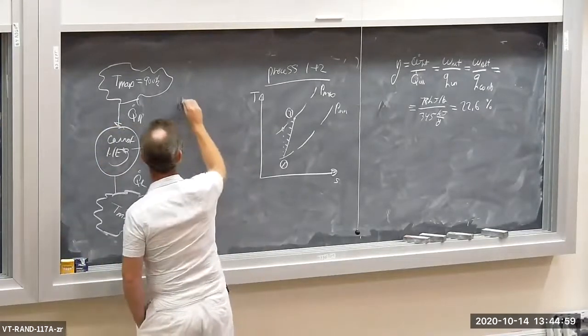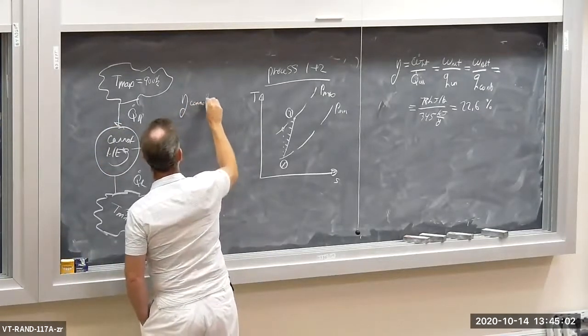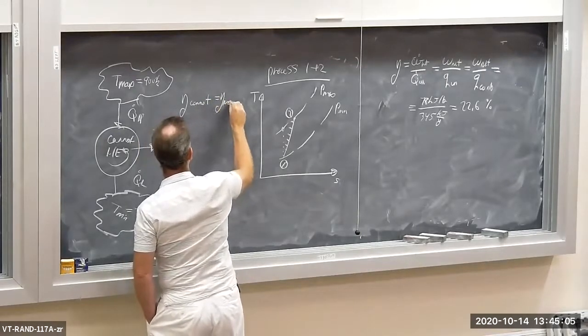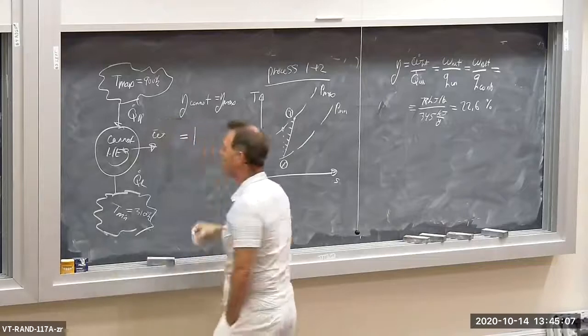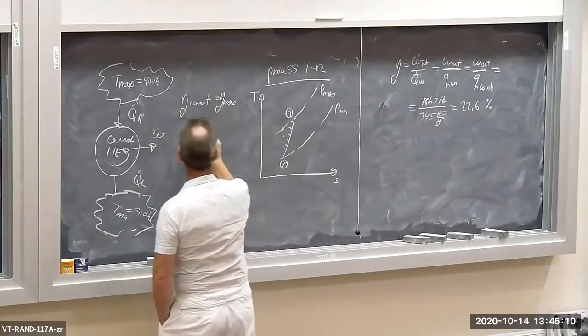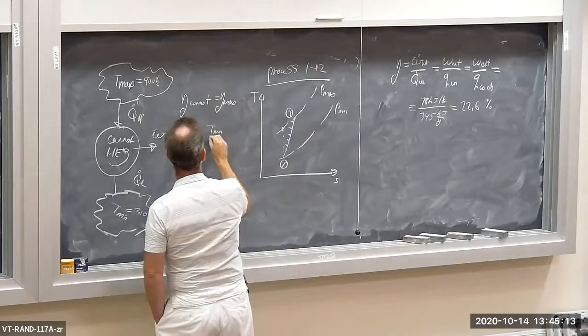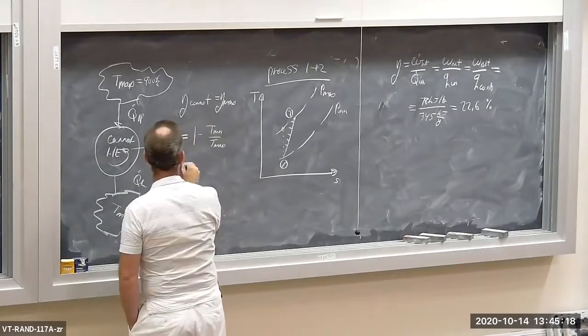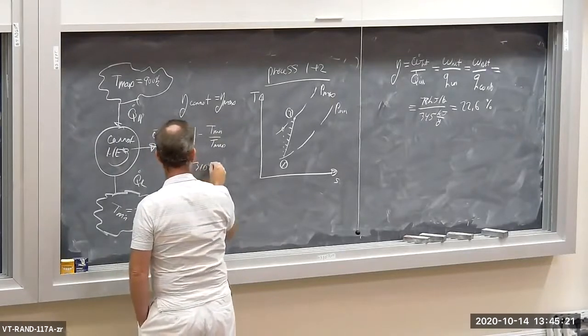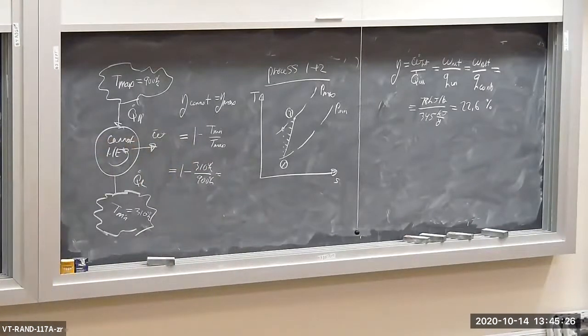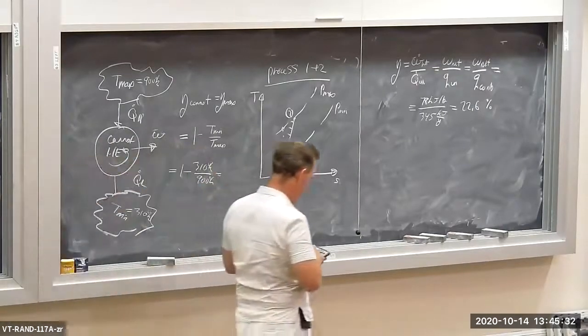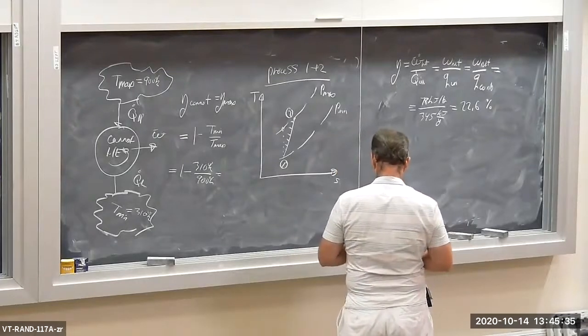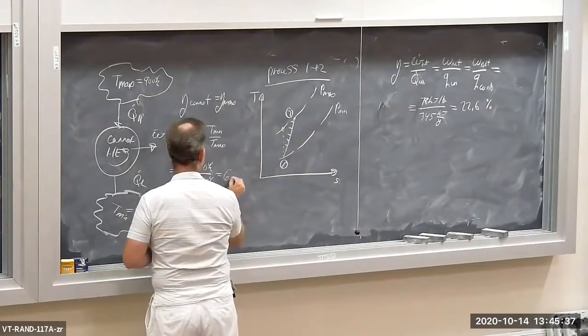So the efficiency of the Carnot, or if you like, the maximum efficiency of any heat engine operating between these two limits, is 1 minus T min over T max, or T low over T high, which is 1 minus 310 over 900 degrees Kelvin. You put that in your calculator, 1 minus 310 divided by 900, and I get 65%.